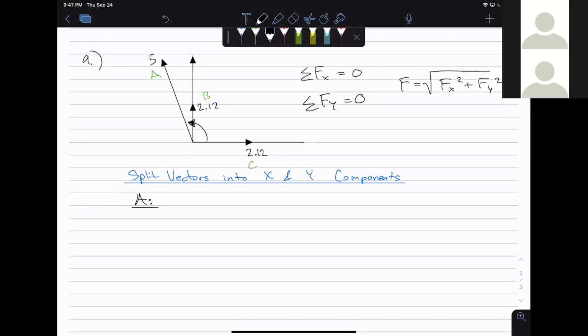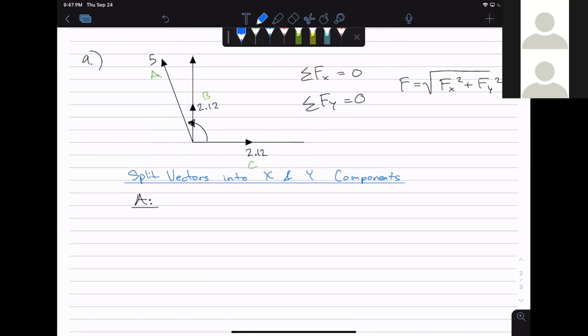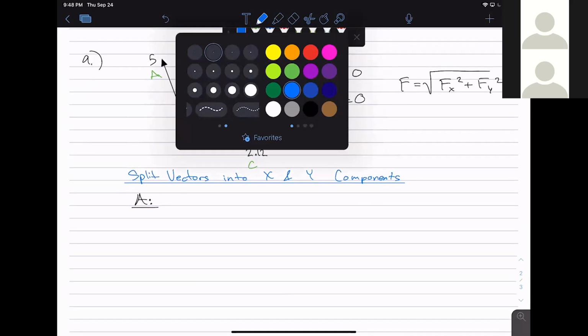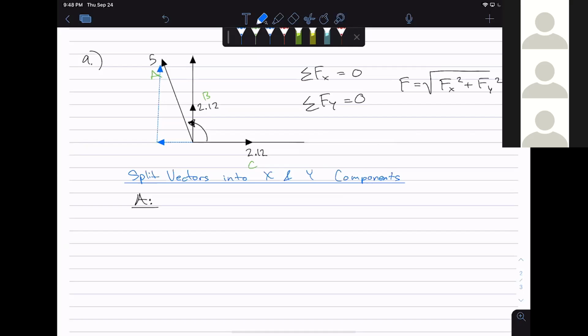If we're looking at this, A is going to be the most interesting one, because in order to make this vector right here, we have to come up with two vectors. There's a vector going to the left, like so. That is its x vector, and we have this other vector as its y vector.